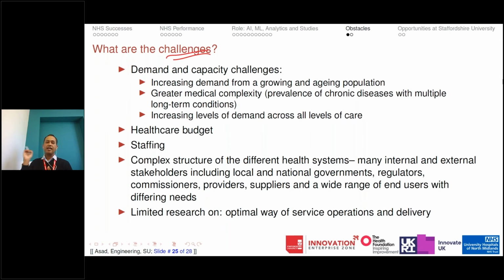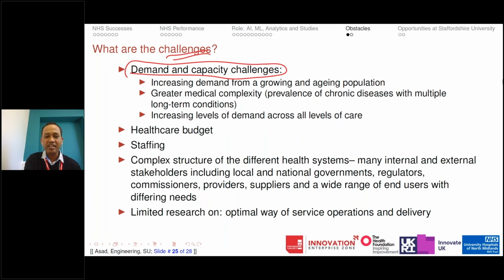You can spend days talking about particular mental health care, cancer care, diabetes care, or other specialist care, long-term care. Within this short presentation, you can only concentrate on very high-level things. So demand and capacity challenges are the main ones.